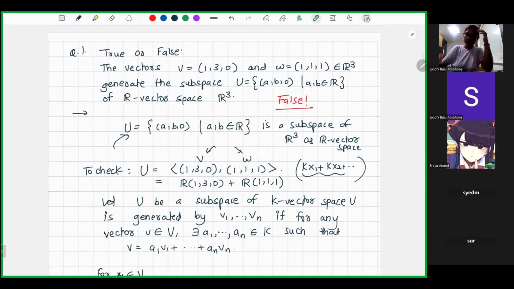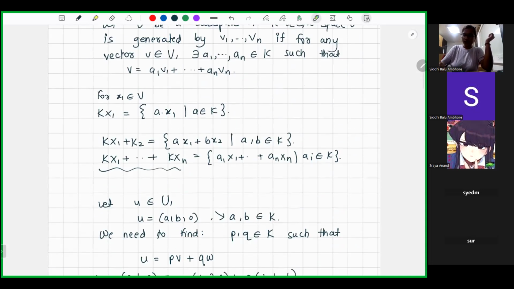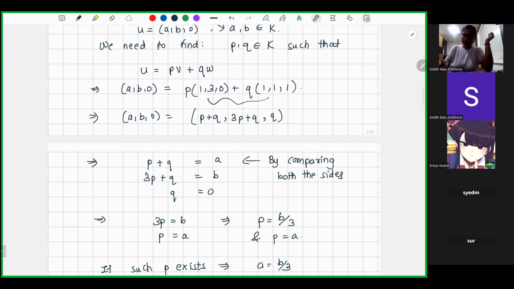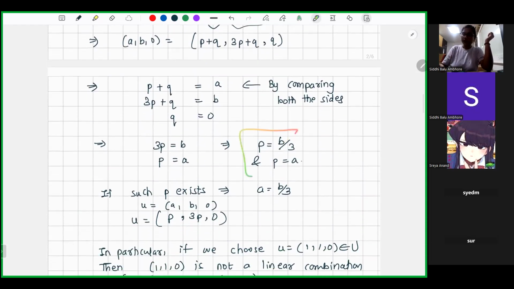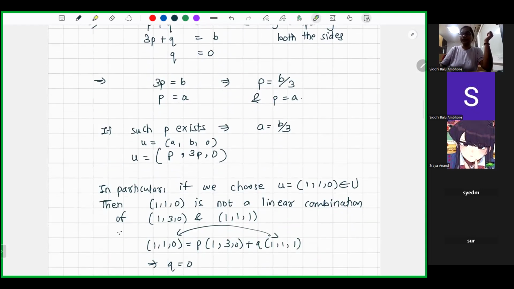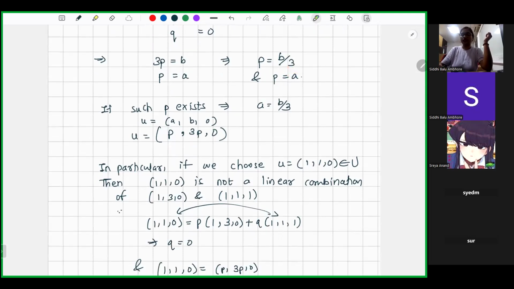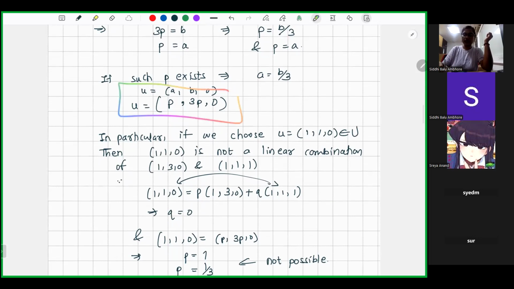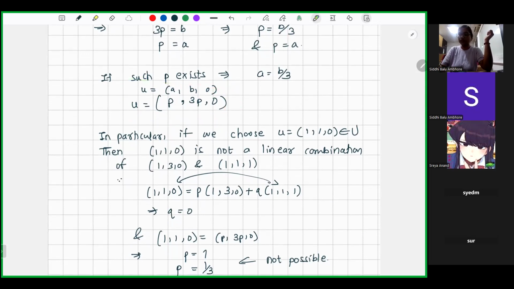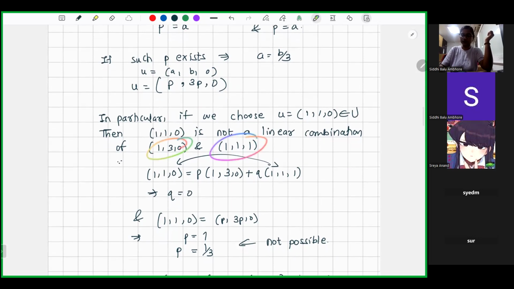We tried to find whether we can write it, but it did not make sense because we arrived at the condition that p is equal to b by 3 and p is equal to a. So this need not be true in general. So any general element of U we could not write as a linear combination of this V and this W.